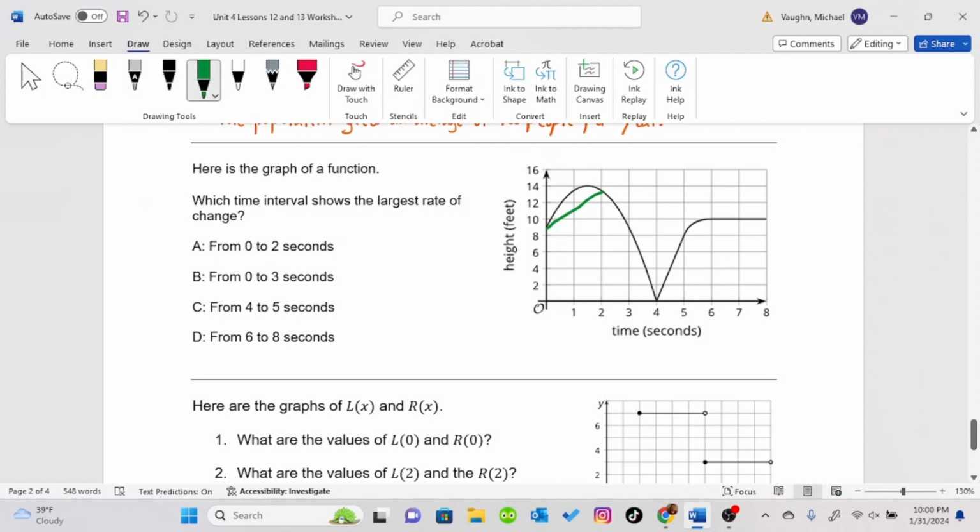That's 4 feet in 2 seconds, which is 2 feet per second.